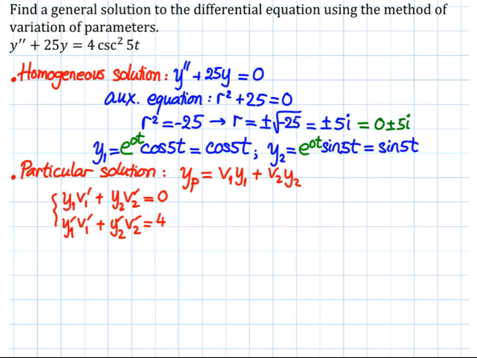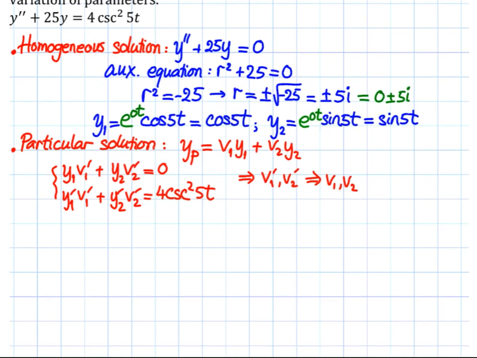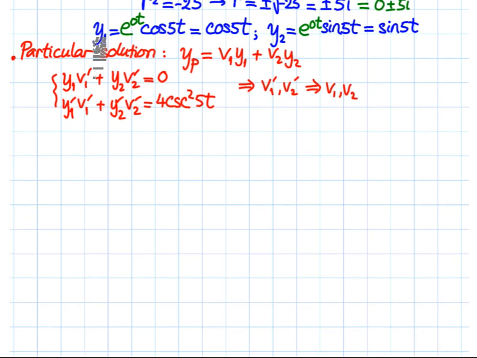So we're just going ahead and use 4 cosecant squared of 5t. Alright, so that is the system of equations. From here, we should be able to solve for v1 prime and v2 prime. And after that, we integrate and we have v1 and v2. Right. To do this, we will use Cramer's rule.